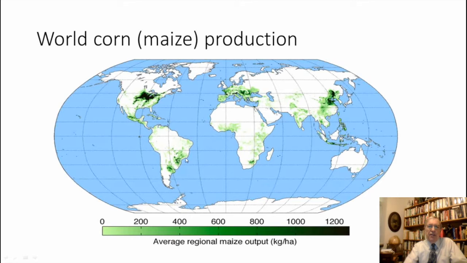Some areas of southern Brazil, Europe, and then eastern northern China, about the same latitudes as the United States where we grew it, and so on. Not as much corn, certainly not as much corn as wheat in India. Some in Indonesia, and a little bit in South Africa.